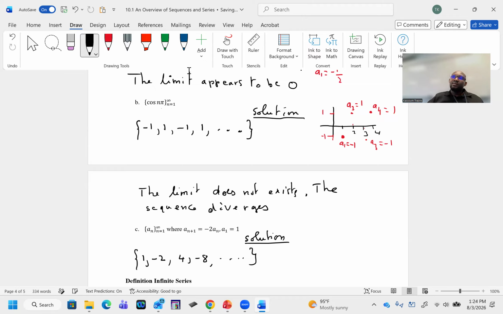Again, we can see this also diverges. Why?